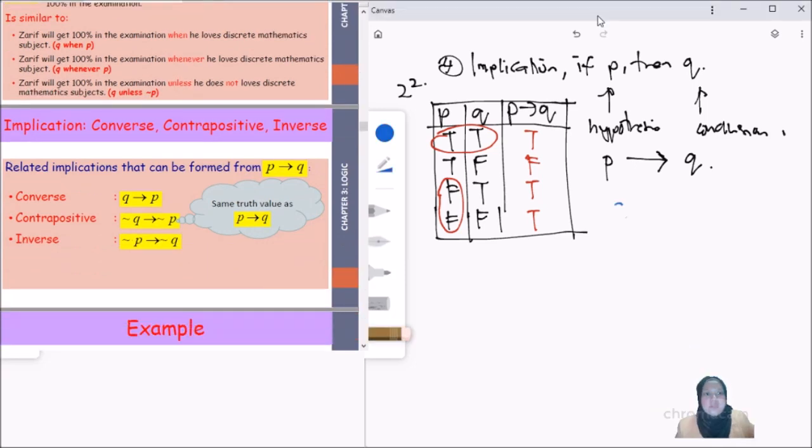Okay, next, from an implication, we can form related implications.